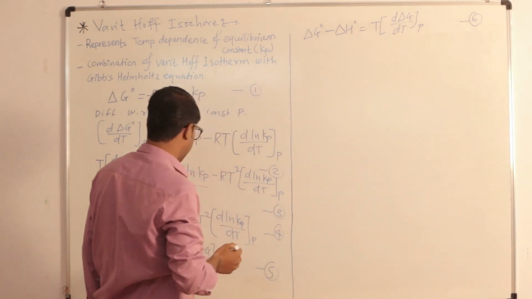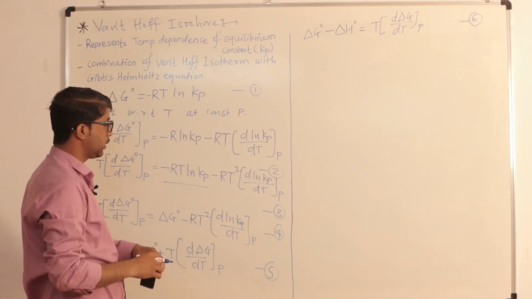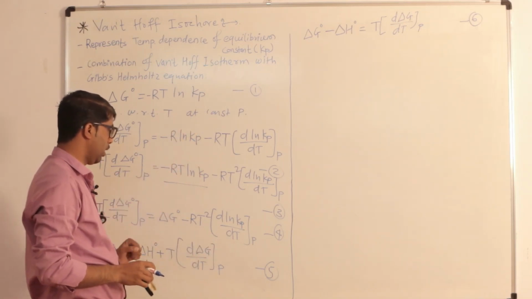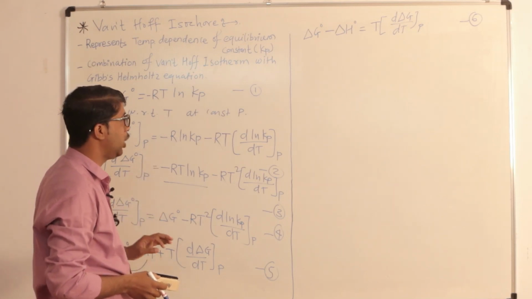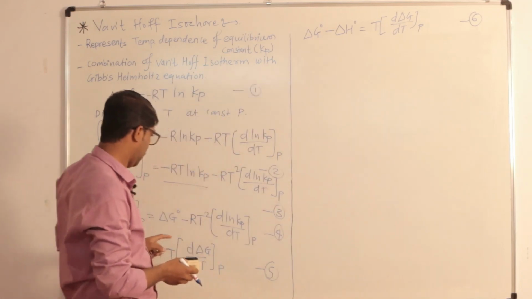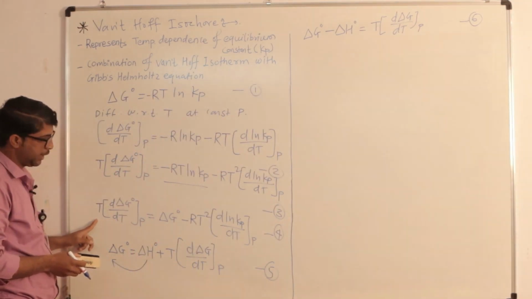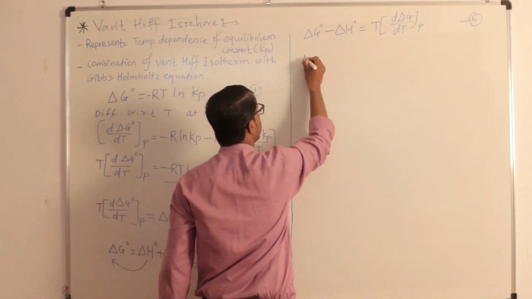Now I am going to compare the two equations, equation number 6 and equation number 4. Equation number 6 gives the value of this term, which is the LHS of equation number 4. So we compare these equations in the next step.